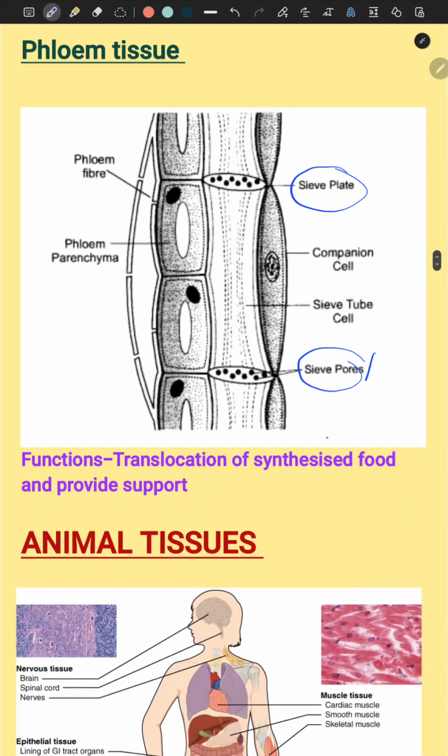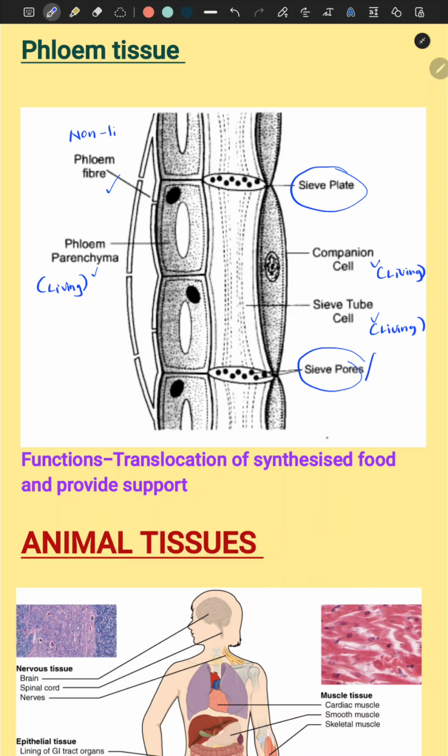The phloem tissue consists of phloem parenchyma, phloem fibers, companion cells and sieve tube elements. These sieve tube cells are living and companion cells are also living, and the parenchyma is also living, but phloem fibers are non-living.